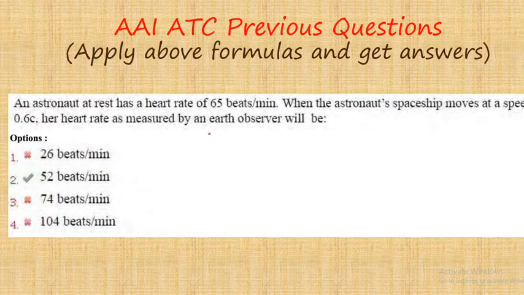That means what formula do we know? Let's say R equal to R naught into root over 1 minus V square divided by C square. You just need to substitute the values. R naught is the rate at rest. So just substitute it.